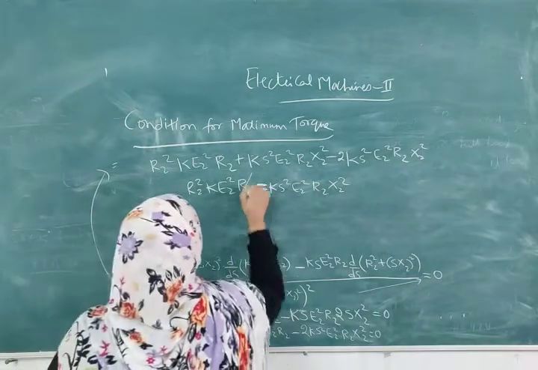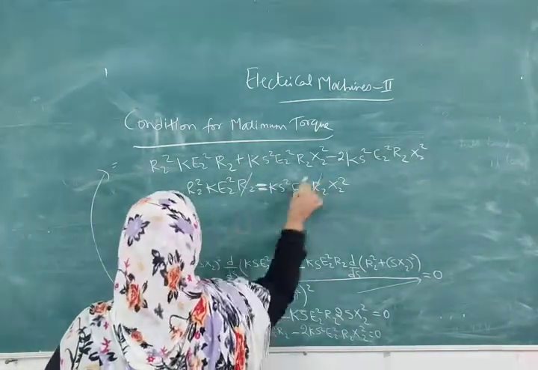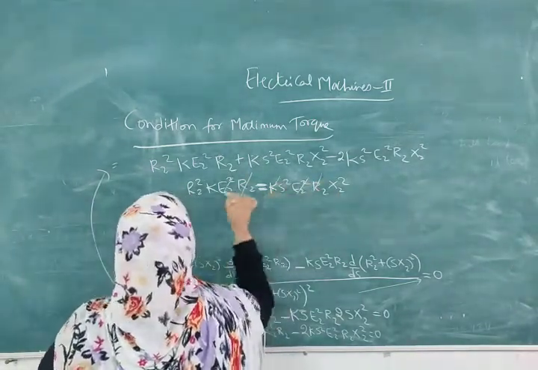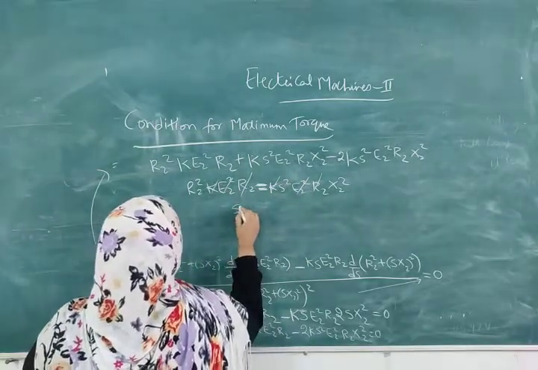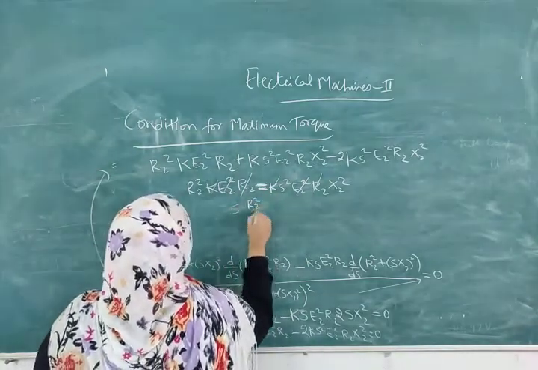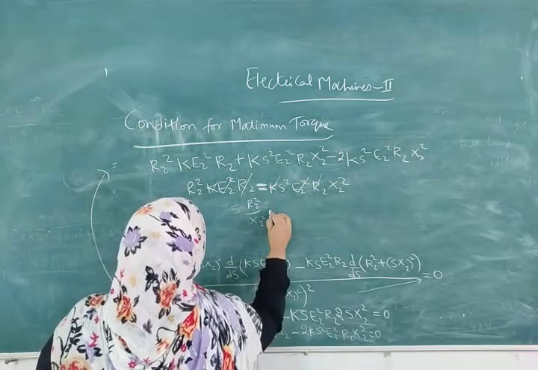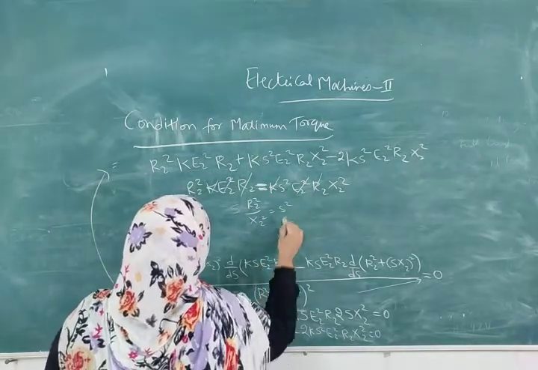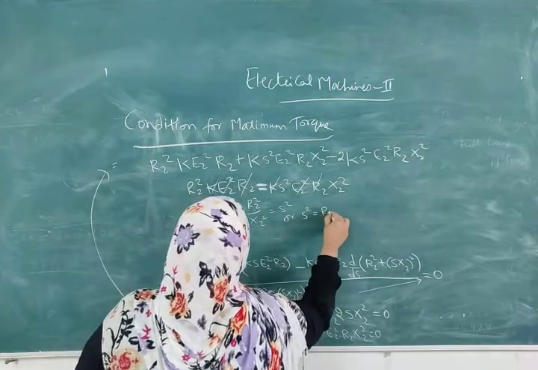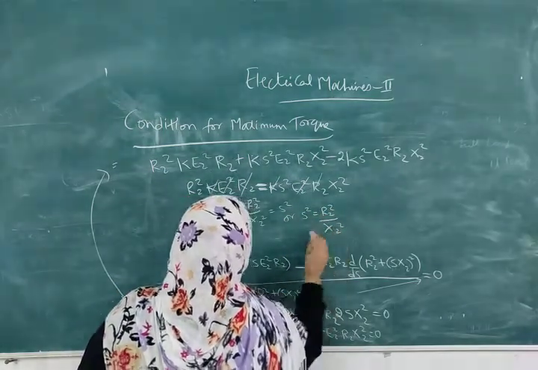I can cancel here R2, E2 square, K. So R2 square by x2 square will be my s square, or I can write s square is equal to R2 square by x2 square.